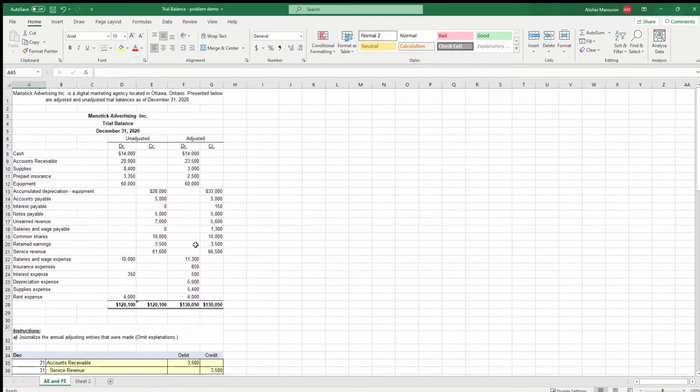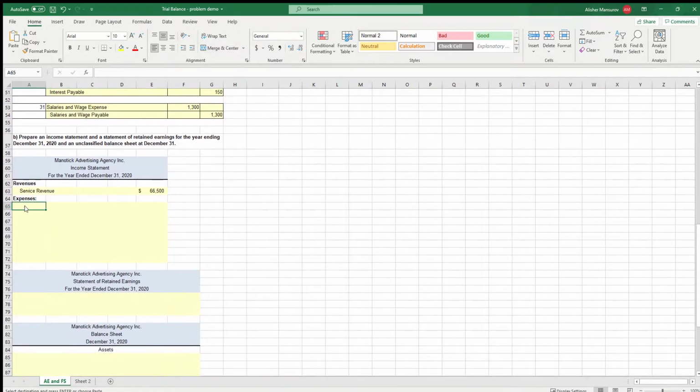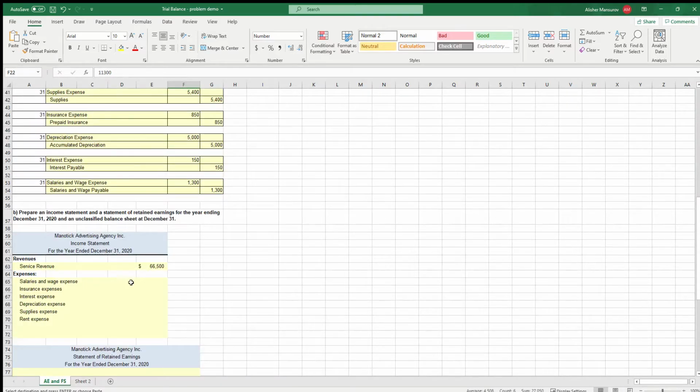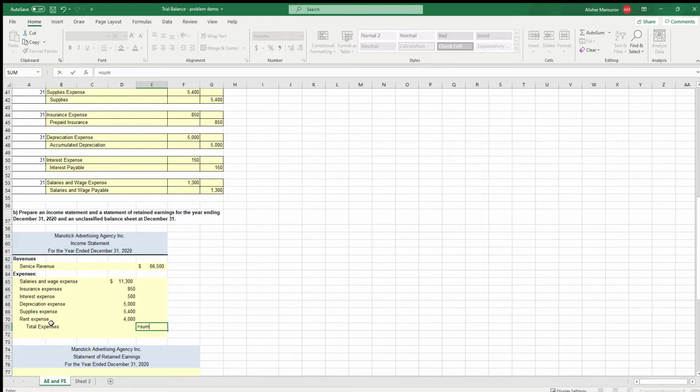And we have a number of expenses that we can copy from here. Also, let's copy the corresponding values. All right, and let's just sum these up to come up with total expenses, which were $27,050, and then we have our net income, which is the difference between the service revenue and total expenses.